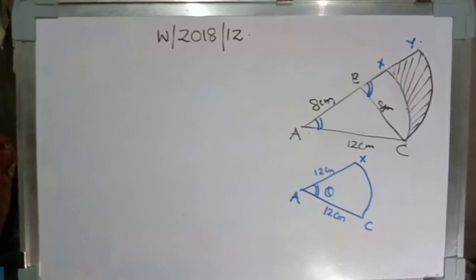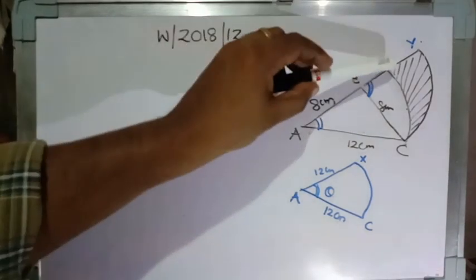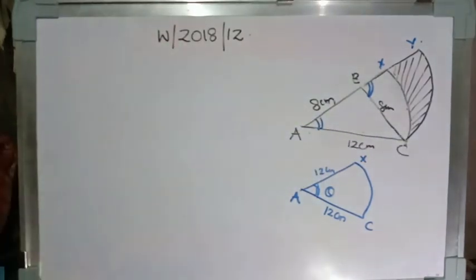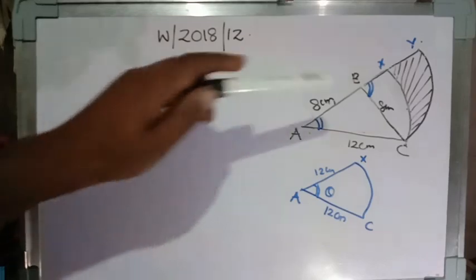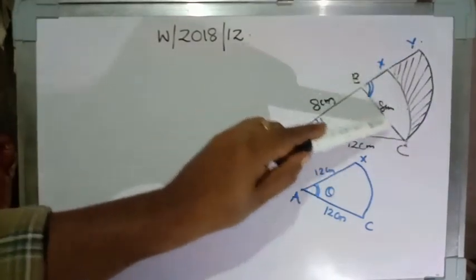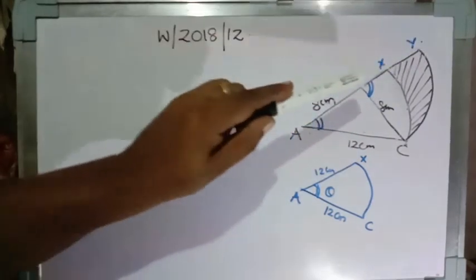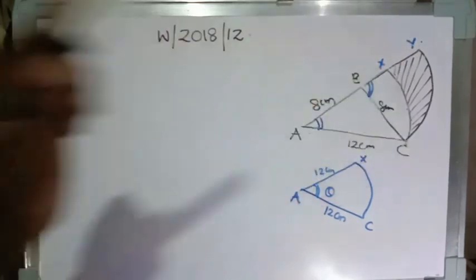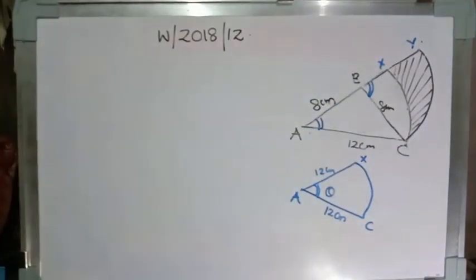Without knowing that angle, we cannot find out the length of arc XC or area of the sector AXC. Similarly, sector BYC has radius 8 centimeter, and without knowing the angle CBY, we cannot do any further calculations.